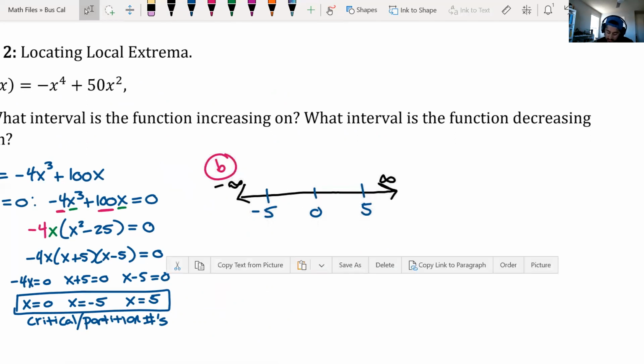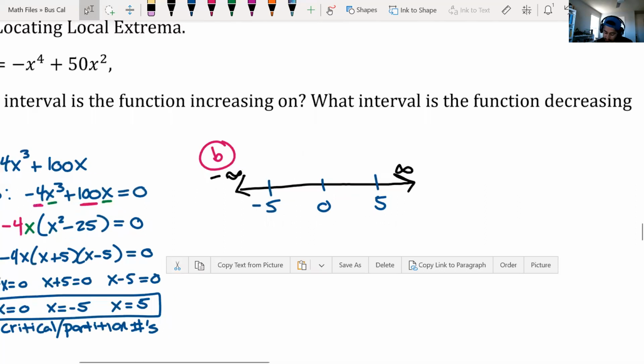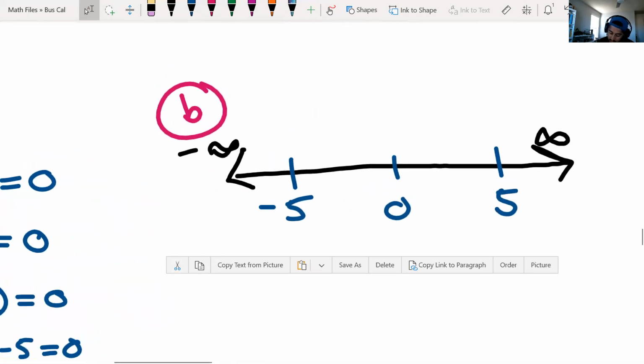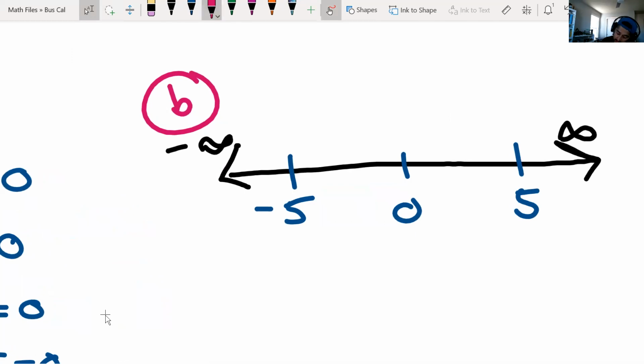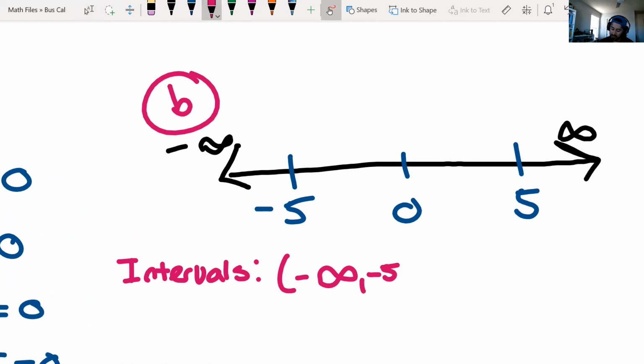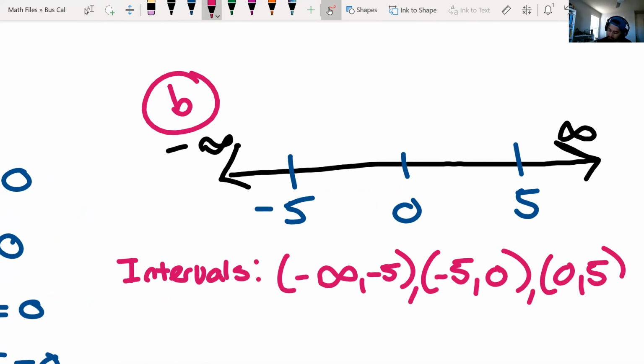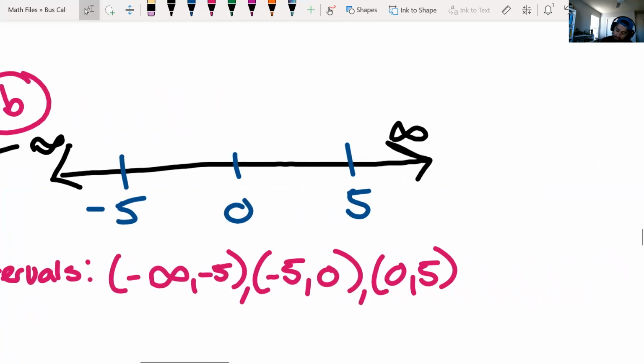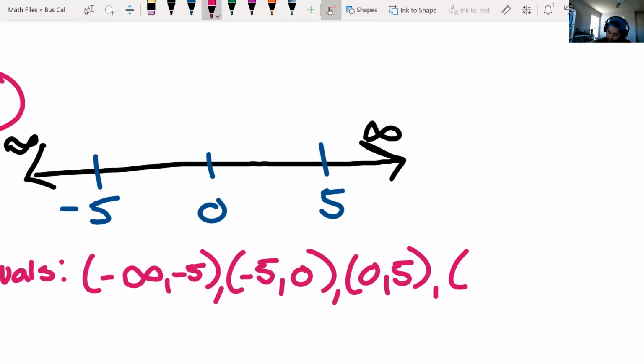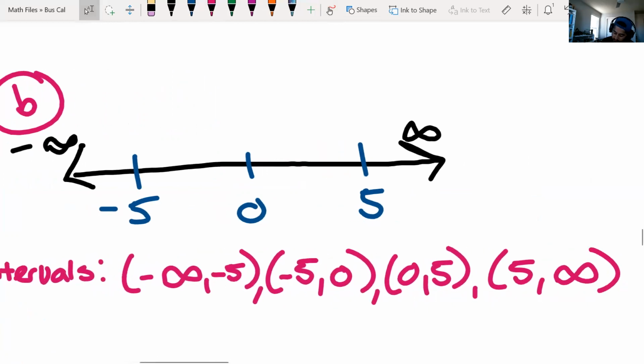Okay. And now zoom in. Once again, we'll do the same thing. Intervals. Negative infinity to -5. -5 to 0. 0 to 5. And 5 to infinity. There's my intervals.